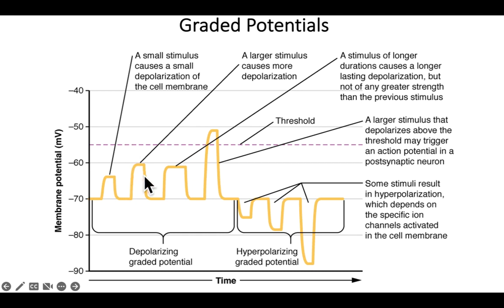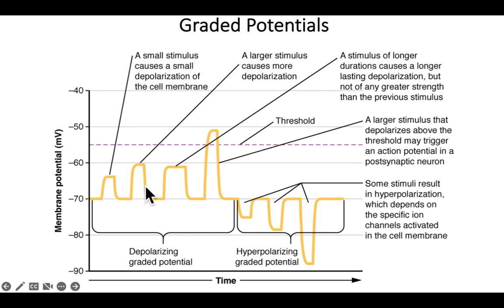And then you had another one that didn't do it. Then you had another one that didn't do it. So these little depolarization events weren't enough to trigger an action potential. But then you have this one here, so the stimulus was enough. A larger stimulus depolarizes above the threshold, and that's what triggers the action potential.